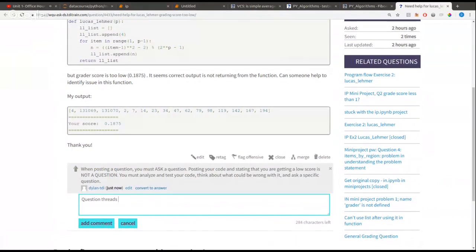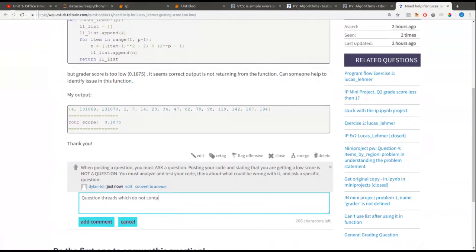Question threads, which do not contain questions, may be closed or deleted. You cannot simply post your code, say that it is not working, and ask for others to debug it for you.